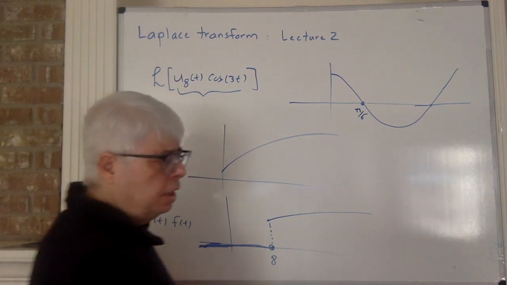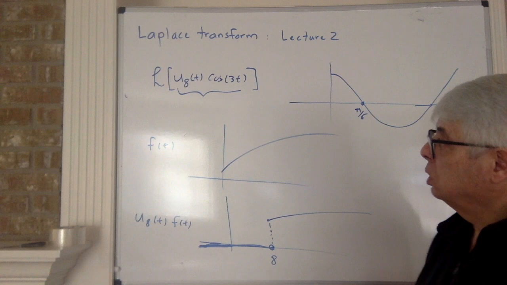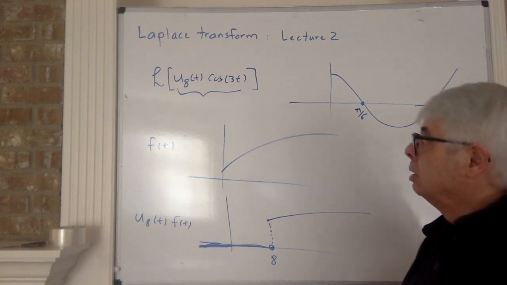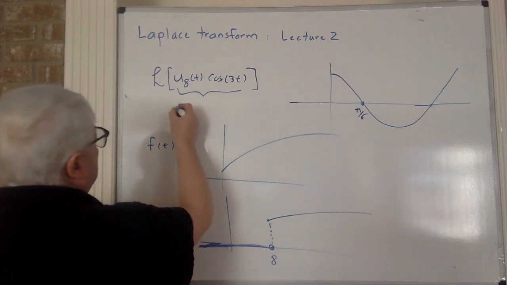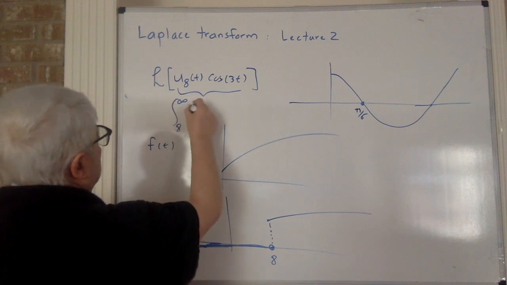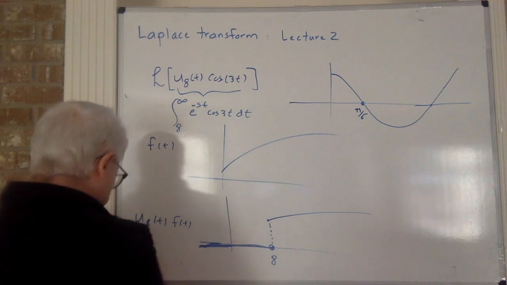So you can guess what happens. So it's like the integral, instead of going from 0 to infinity, will be from 8 to infinity, right? So that will be from 8 to infinity, because everything is 0. So this will be the integral from 8 to infinity of e to the power minus st cosine 3t dt. Right?